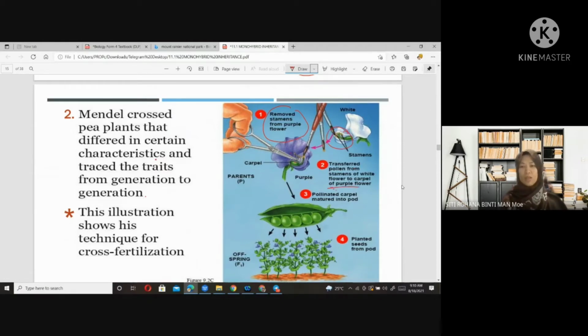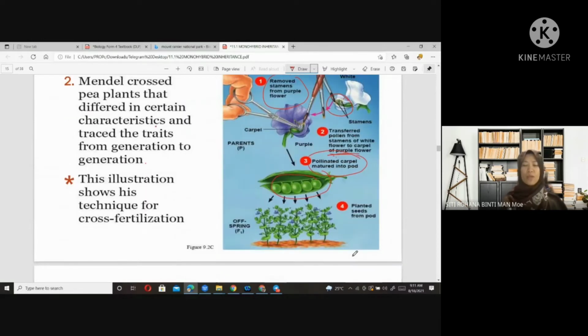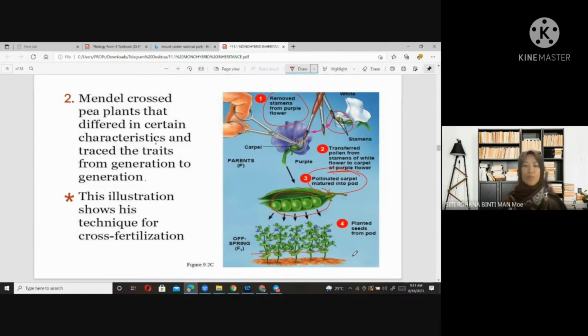Okay. Nampak? Dia transfer secara manual, secara artificial. So, pollination occur. Pollinated couple matured into pod. So, lastly memang hasil juga biji benih. Okay. And planted seeds from pod. Nampak ni. So, F1 generation produce.